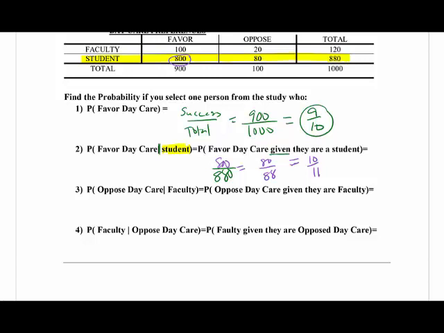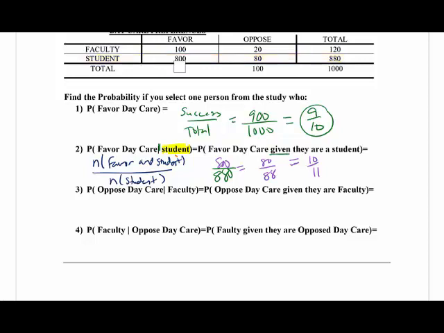You can definitely do that in your calculator. But remember what this means. So going back to our formula here, what we want is the cardinality of the intersection, which is favor and a student, over the cardinality of our given, which is the student. Some of you can look at this and reason it out, but when you have a given, that is your total in your probability formula.